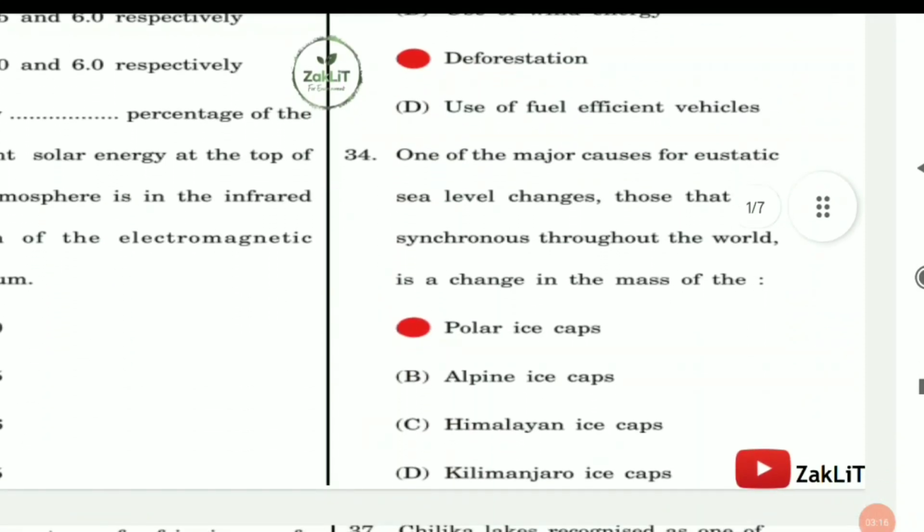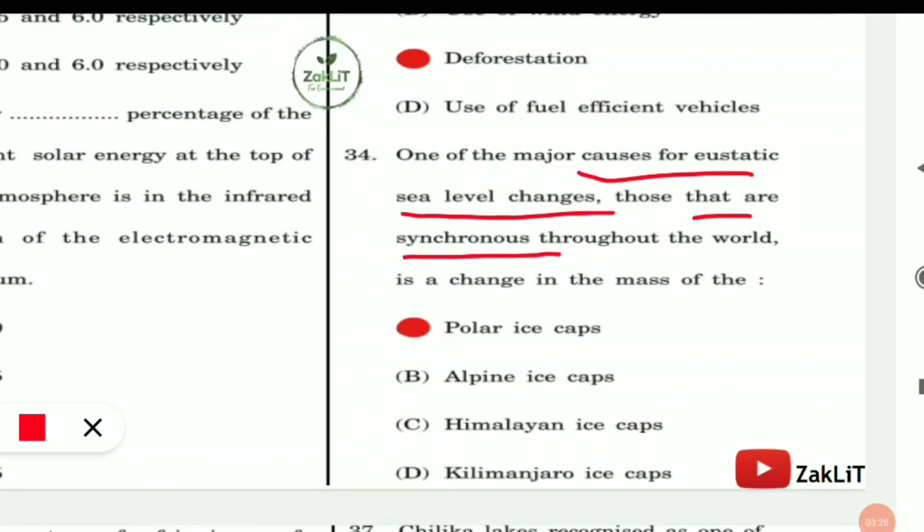Next question number 34 on your screen: one of the major causes for eustatic sea level changes, those that are synchronous throughout the world, is a change in the mass of the world. First of all, you should know what eustatic sea level change is. It is a globally uniform change in sea level.